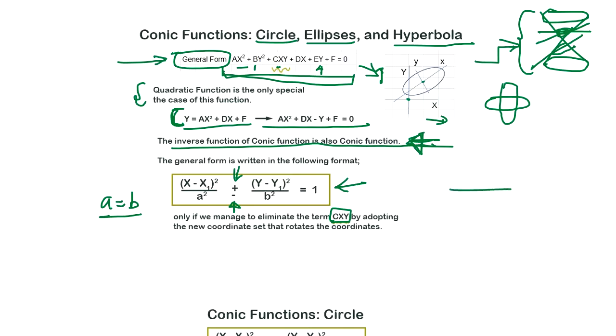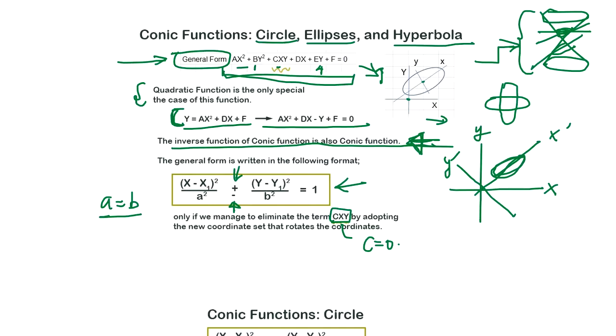The cxy term is a contributor to the tilt of the ellipse shape. If you change the coordinate from xy and introduce a new coordinate, x prime and y prime, in the equation you see this term c becomes 0.